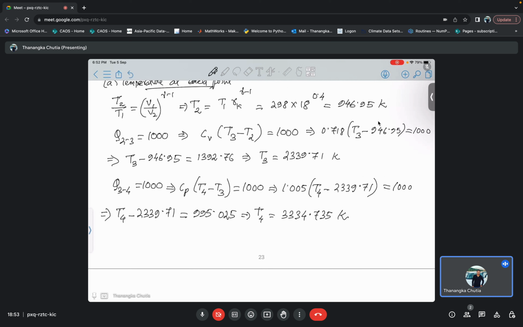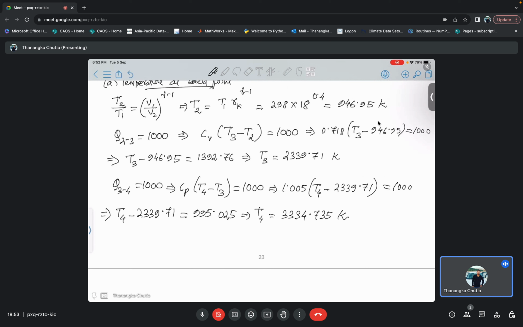P1 V1 is equal to R T1. So from here V1 is equal to 0.287 into 298 divided by P, which is 100. You'll get this as 0.855 meter cube.